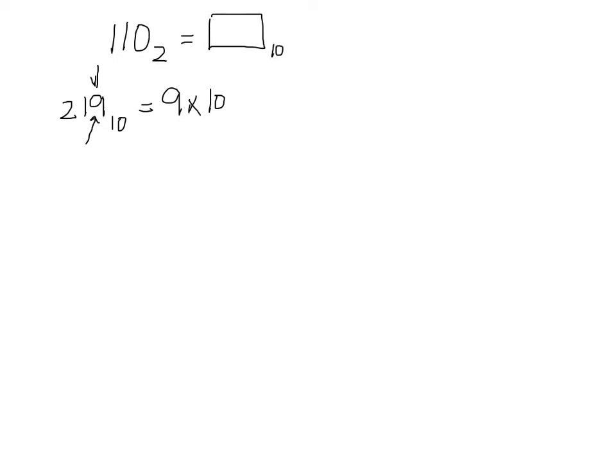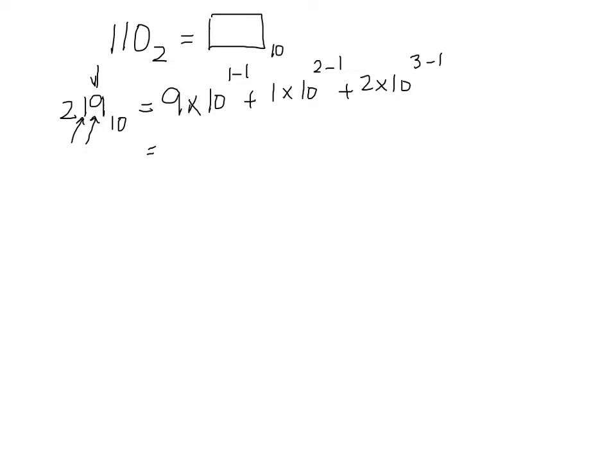1 is the second position, and 2 is the third position. So I can write 9 times 10 exponent 1 minus 1, plus 1 times 10 exponent 2 minus 1, since 1 is in the second position, plus 2 times 10 exponent third position minus 1.